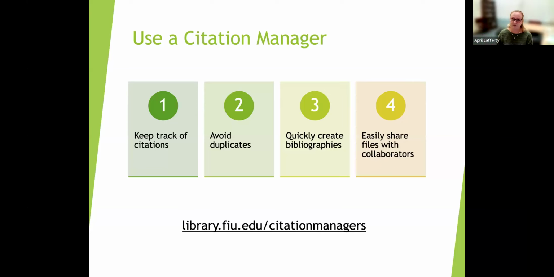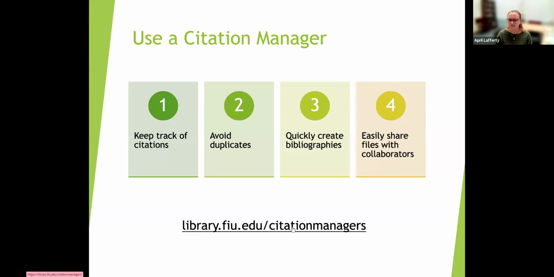Examples of citation managers are RefWorks, EndNote, and Zotero. Those are the three that are supported here at FIU Libraries. In fact, we have workshops on each one of those, but there are many others out there. Most of them are free, some are paid, but they're really useful to use.